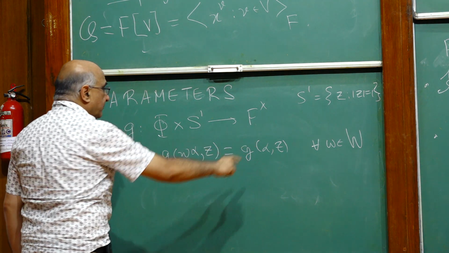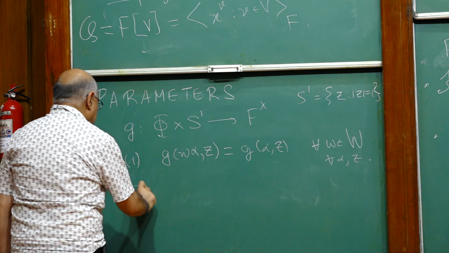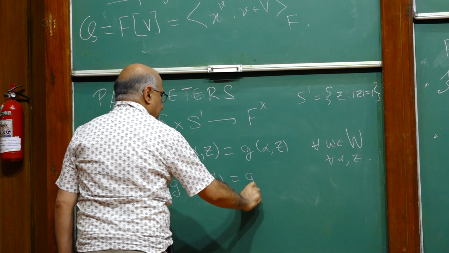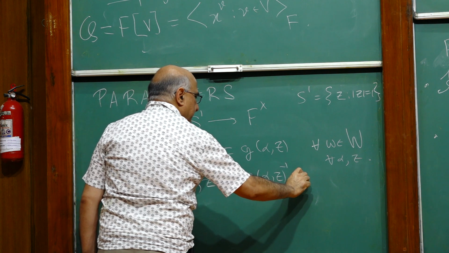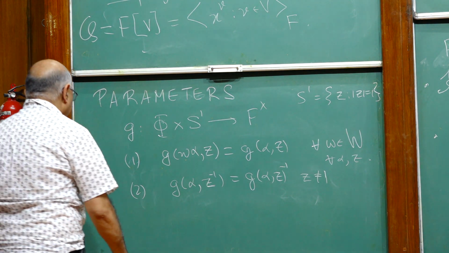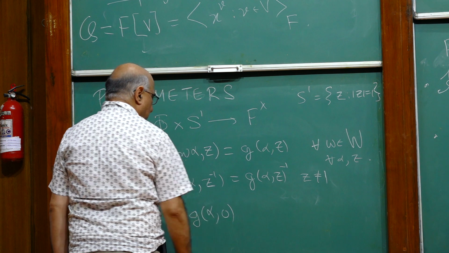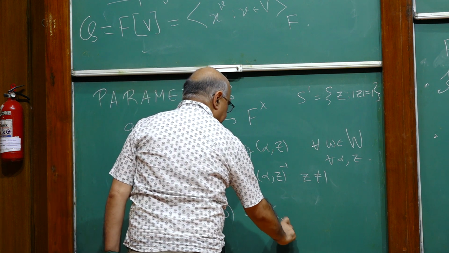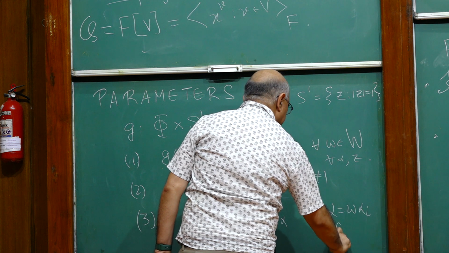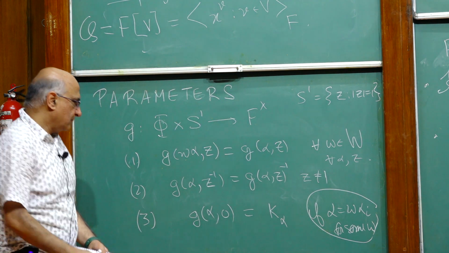The second condition is that g of alpha, z inverse equals g of alpha, z inverse when z is not equal to 1. And third, g of alpha, 1 is just k sub i if alpha is w alpha i for some w.